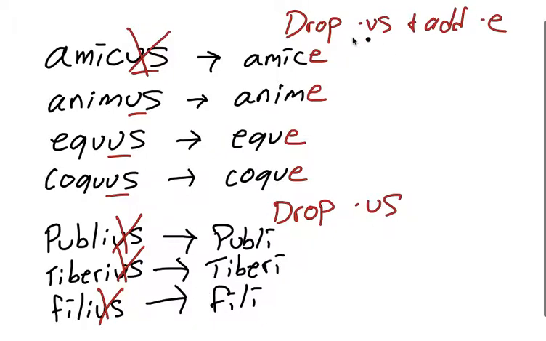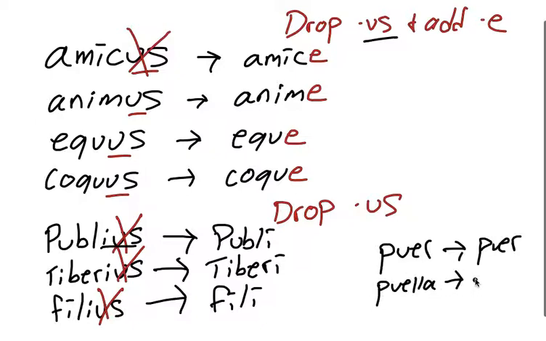Otherwise, if it's not a noun that's US or if it's not IUS, then it's just the same form as the nominative. So for instance, the vocative of the word puer would be puer. The vocative of puella would be puella. And it's the same for the plural.